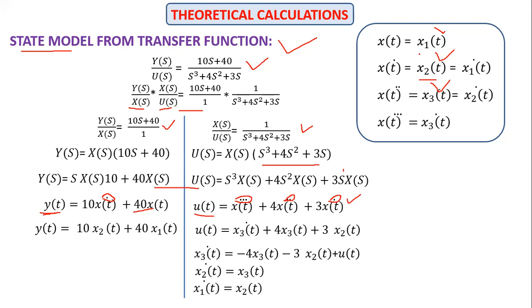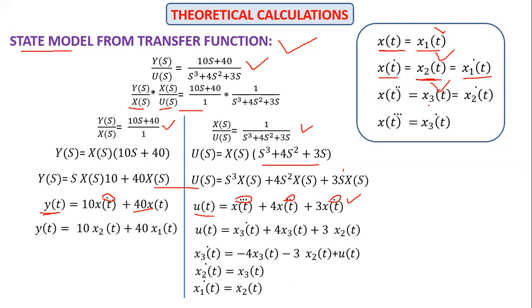So we assume x of t is equal to x1 of t, and next the differentiation of that x of t, that is x dot of t, is equal to x2 of t. Previously x of t we called x1 of t, so x dot means x1 dot of t, and that is x2.